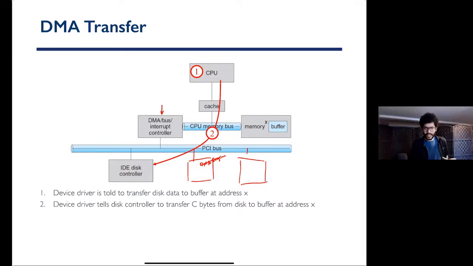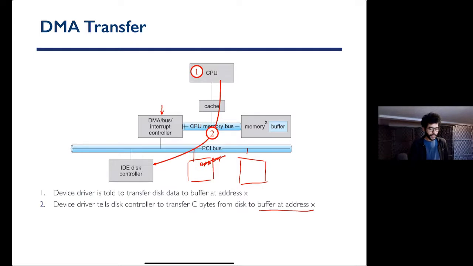So you basically set up a buffer with a starting address and a size. You say, this is where I want you to put the data, or this is where I want you to read the data from. So this is the address, and this is how much data you have to transfer. And now you're on your own.